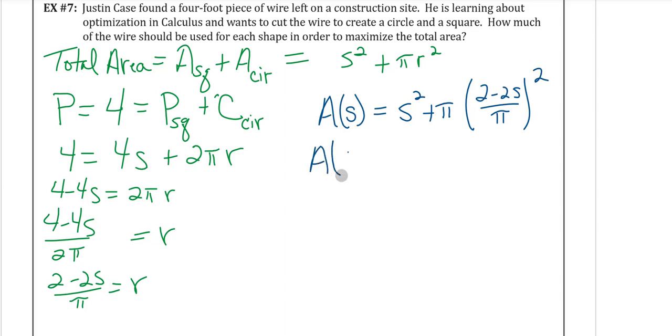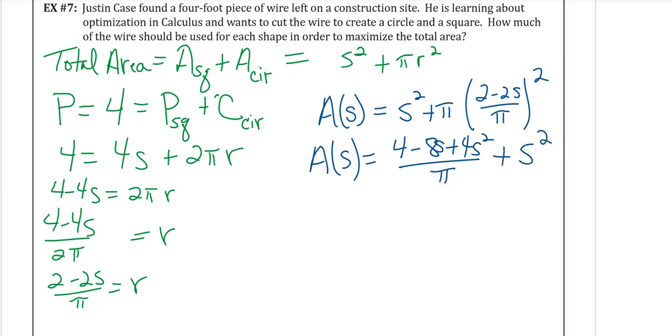So multiplying the top out, squaring that, and simplifying my pi, I get that A of s is (4 minus 8s plus 4s squared) over pi, and then I have that s squared.